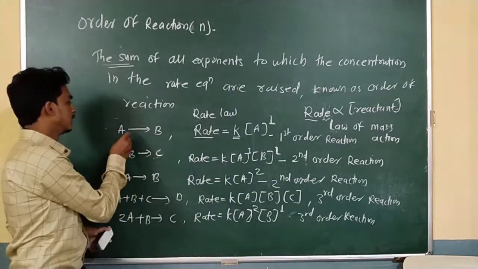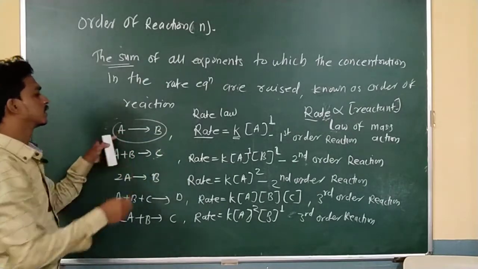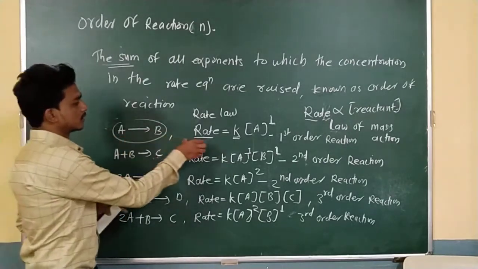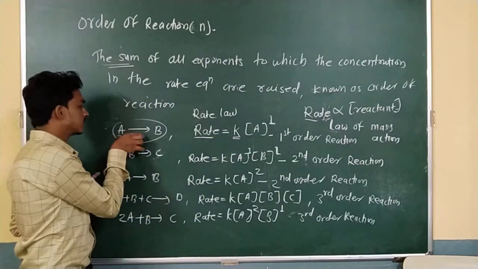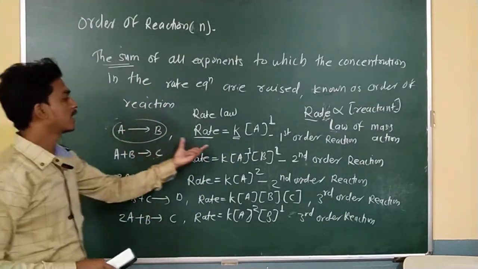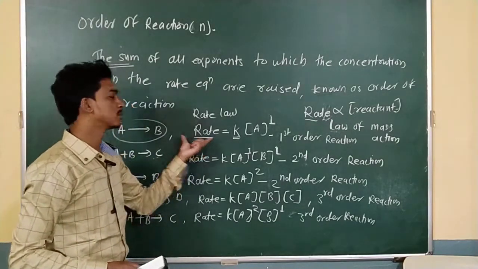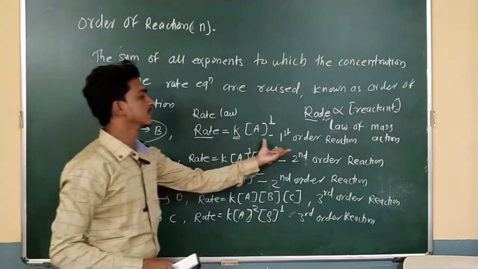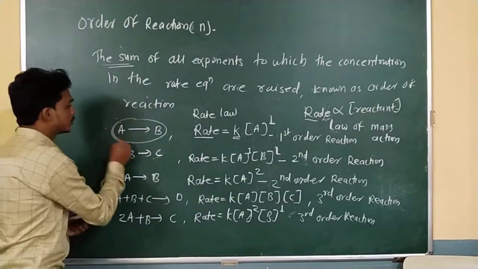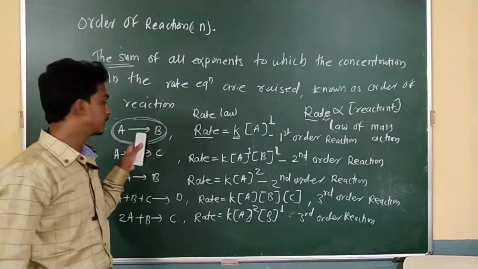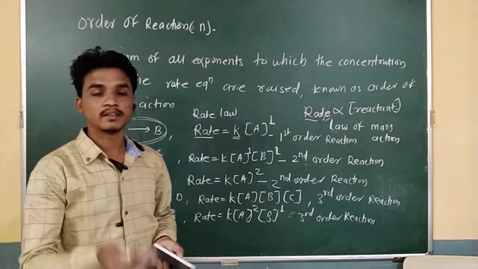Suppose A is the reactant with product B, and the rate equation is like that. I am writing here theoretically, and this is a general chemical reaction. That's why I am writing the rate equation for this reaction, and I have said this is a first order reaction. But to check, you have to perform this experiment in the laboratory.